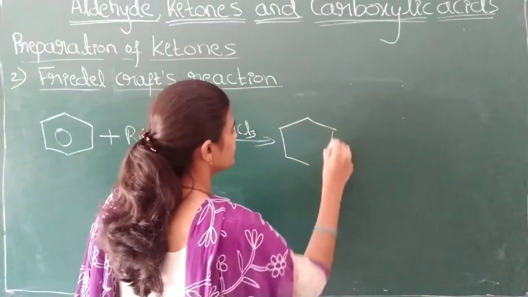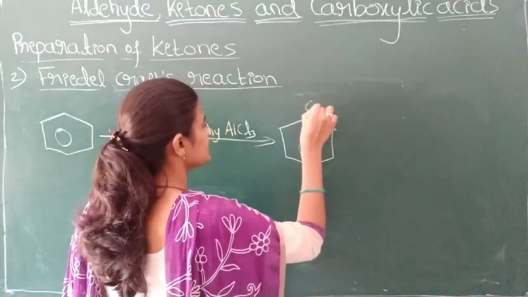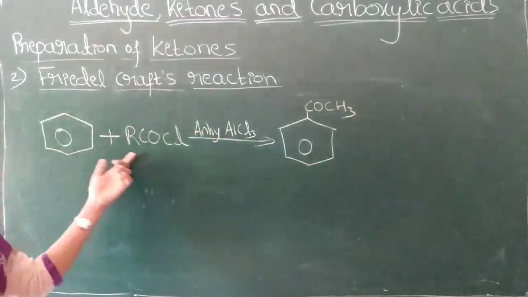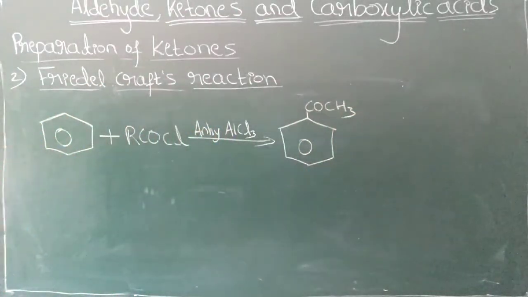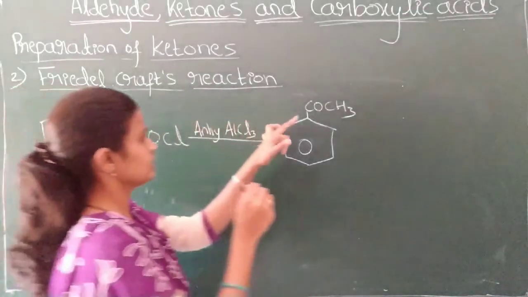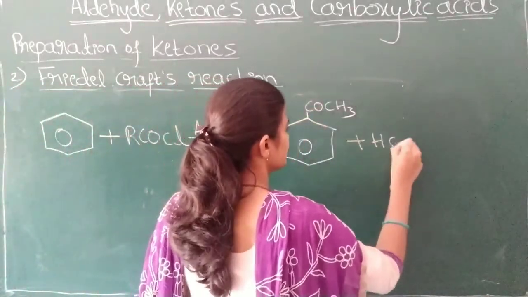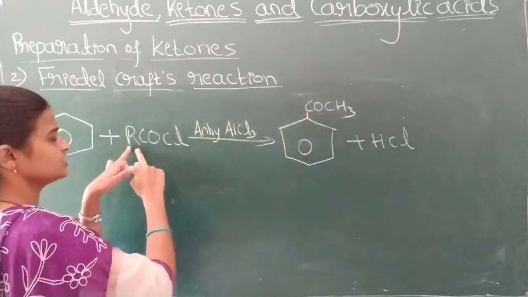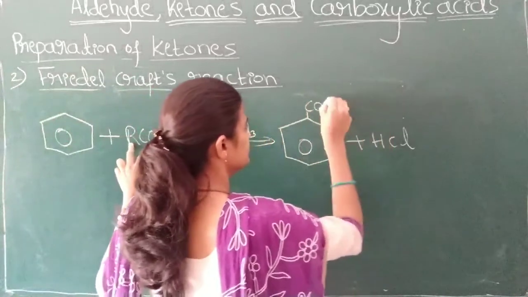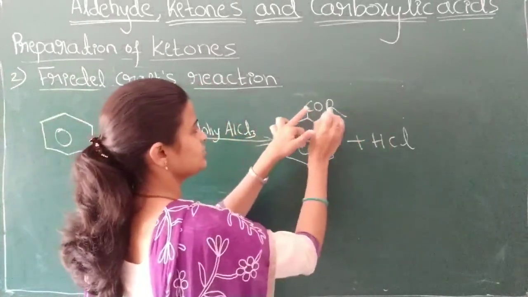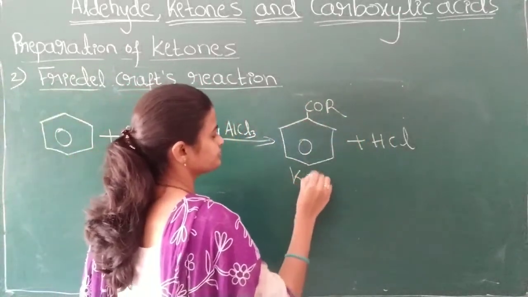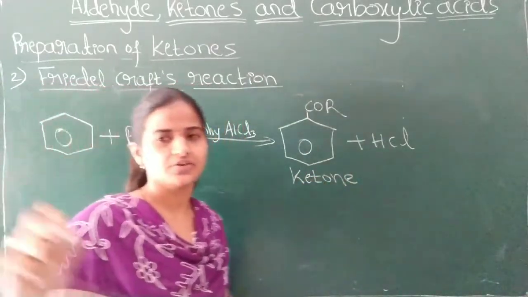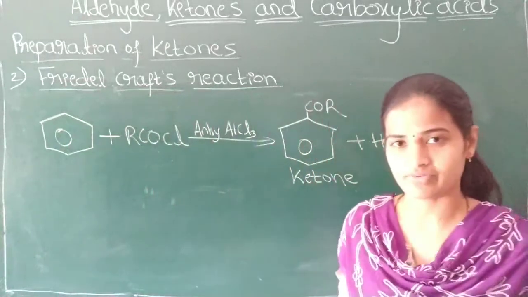The acyl group will get substituted to the benzene, that is COCH3, plus here one H and here HCl. What is the name of this one? Generally I have taken R, so benzene ring COR. It is nothing but a ketone. You have studied this reaction in the first PUC with the mechanism, isn't it?